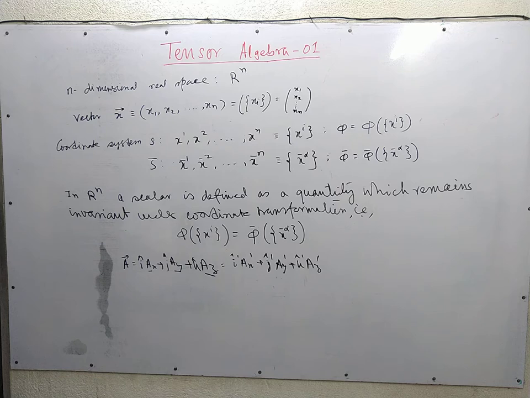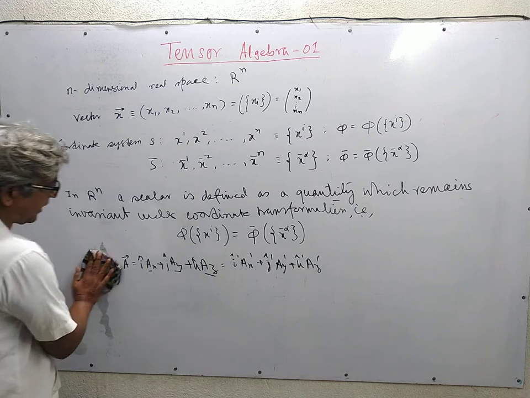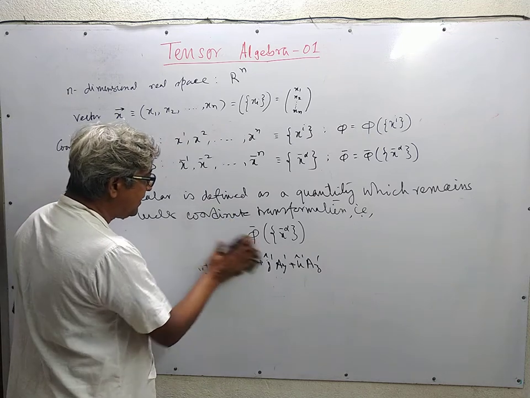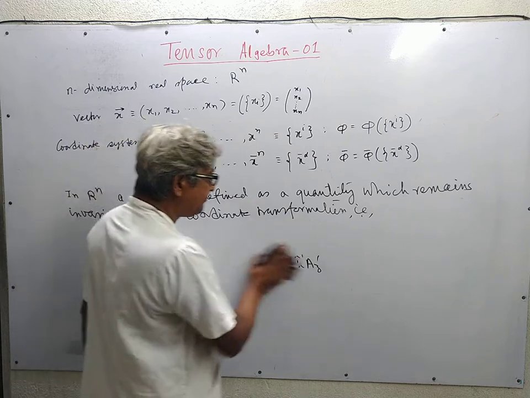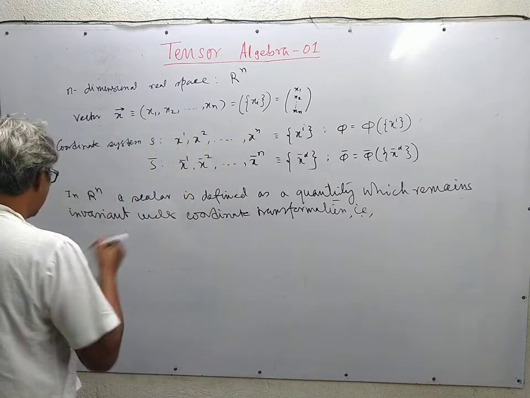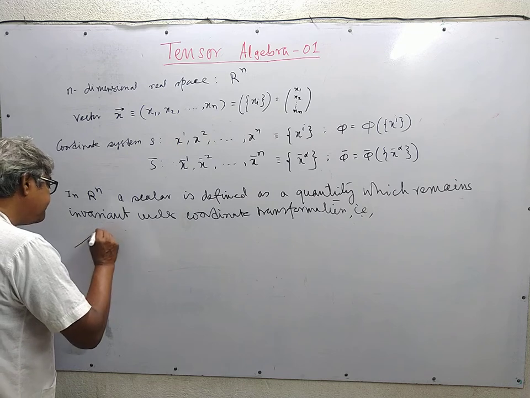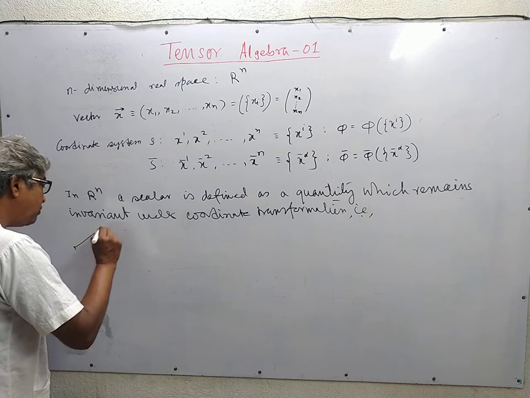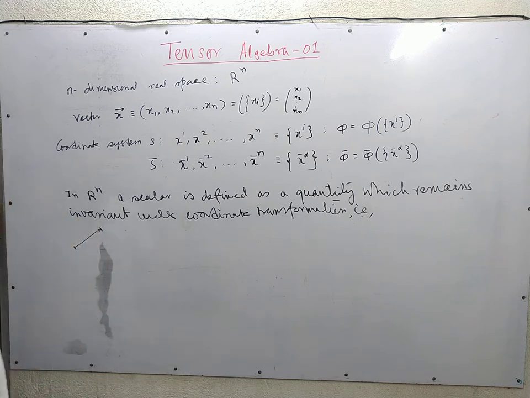So before going to that, it would be better to cite a few more examples of a scalar. Say we have a vector A. This is the vector A, which has this much length.